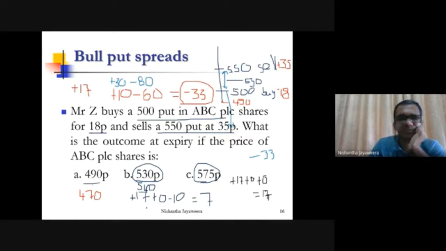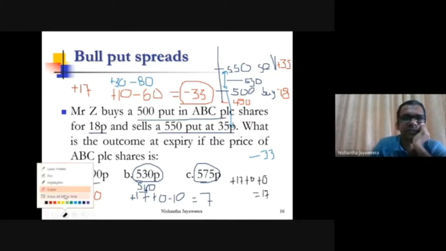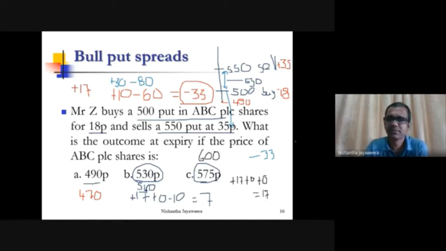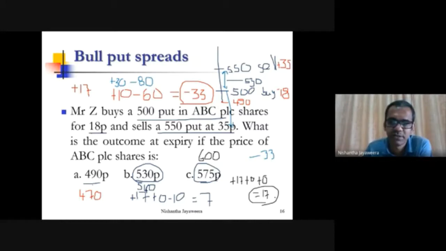Correct? What would happen if the price goes to 600? What is the outcome? 17. Still no payoff from both options, just the premium collected. So what would be the shape of the payoff diagram?